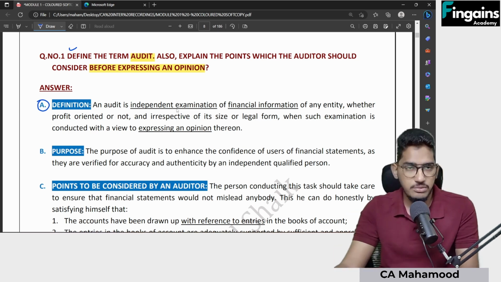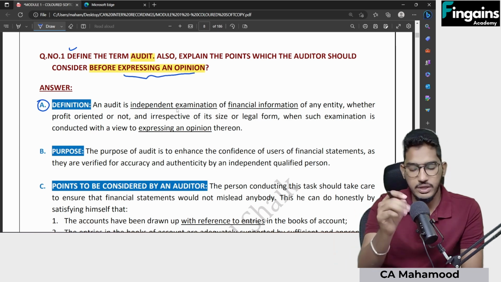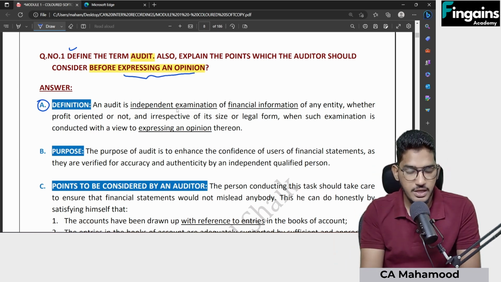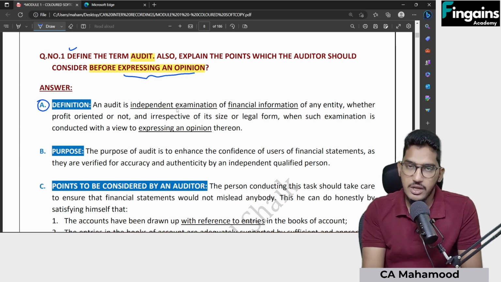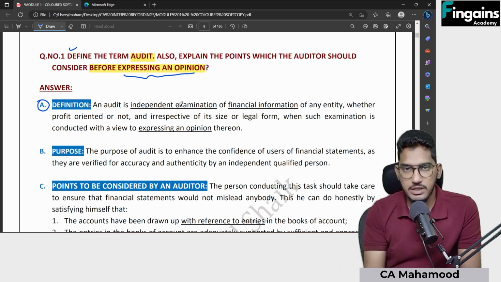Now let us come to the other part of the question. What does it ask? Explain the points which the auditor should consider before expressing an opinion. From the definition of audit, we know the ultimate objective of the auditor is to express an opinion.